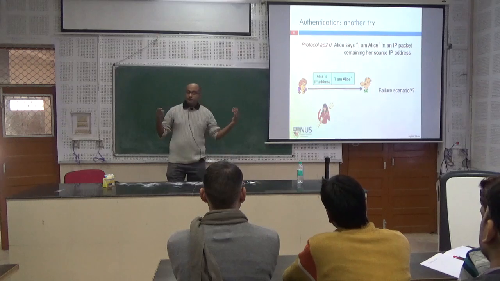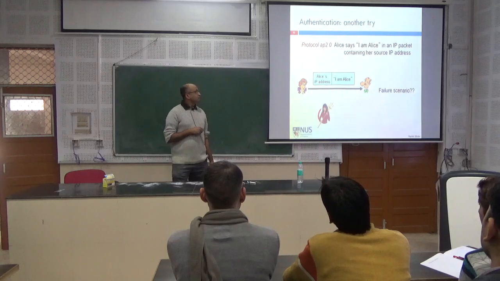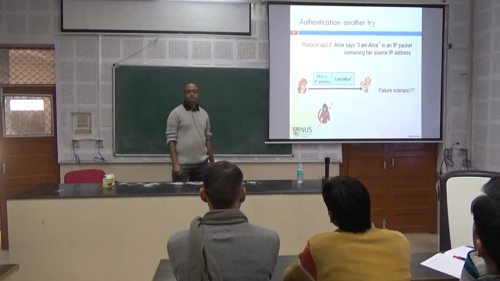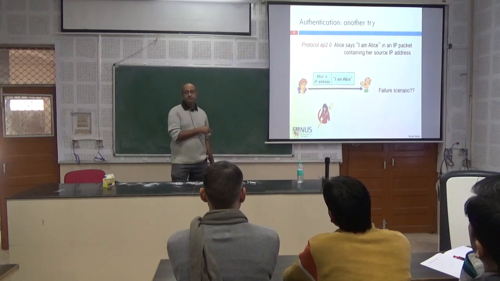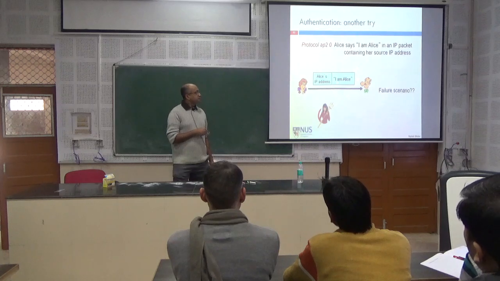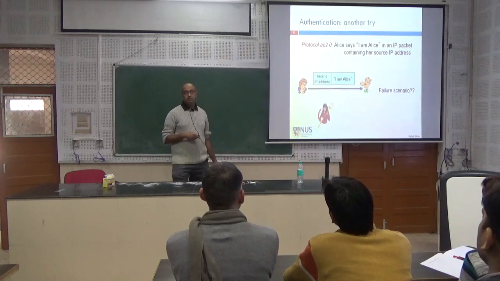Other thing you could say, okay, let's look at something else. Somebody is saying that she is Alice. Let's look at the IP address that she's coming from. If I know Alice's IP address, then I will say, okay, a message is coming saying it's Alice, and it's coming from an address which I know is Alice's address. It's okay.